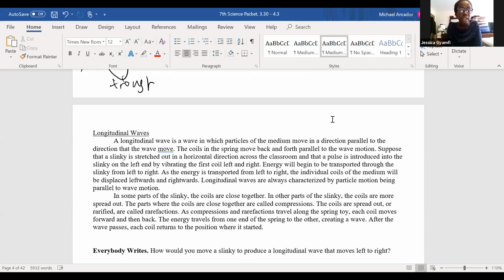Energy will begin to transport through the slinky from left to right. As the energy is transported from left to right, the individual coils of the medium will be displaced leftwards and rightwards. Longitudinal waves are always characterized by particle motion being parallel to wave motion.